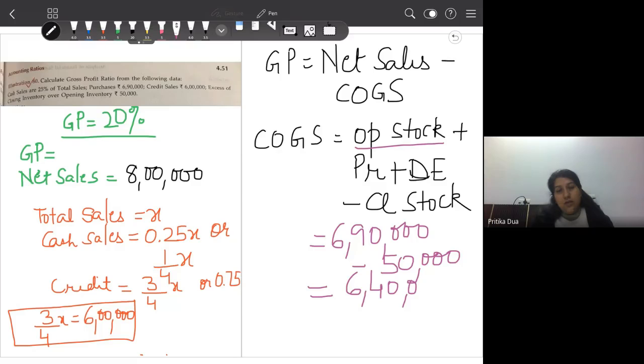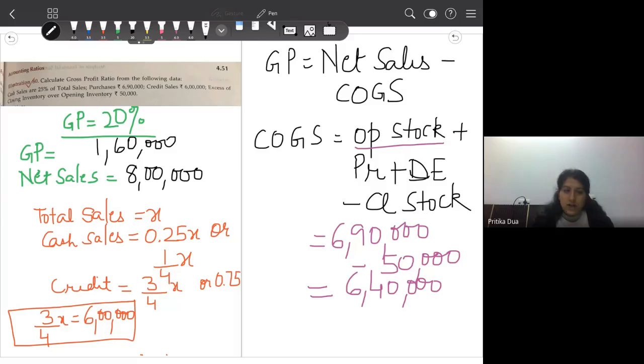Once you get the cost of goods sold, you can easily calculate the gross profit, which will be 8 lakh minus 6 lakh 40,000. That comes to 1 lakh 60,000. So now you put the values in the formula, you get a gross profit of 20%.